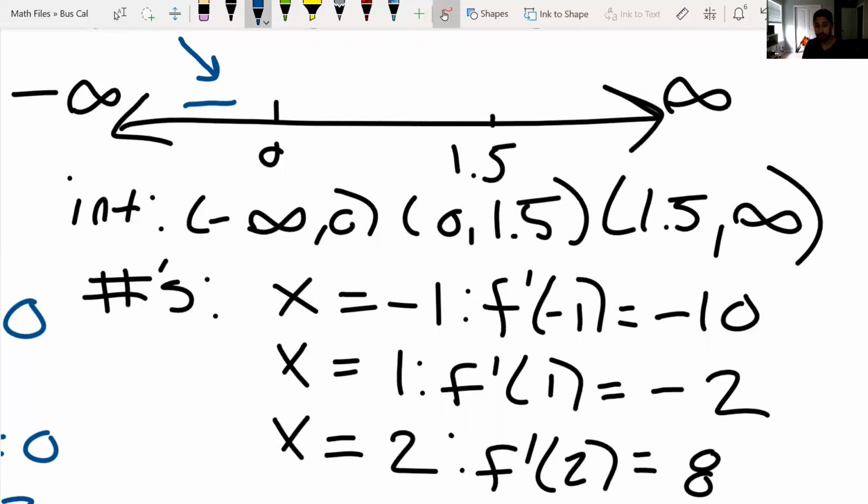The original function is decreasing. Then from 0 to 1.5, we are again negative and again decreasing. And then from 1.5 to infinity, we are positive and increasing.